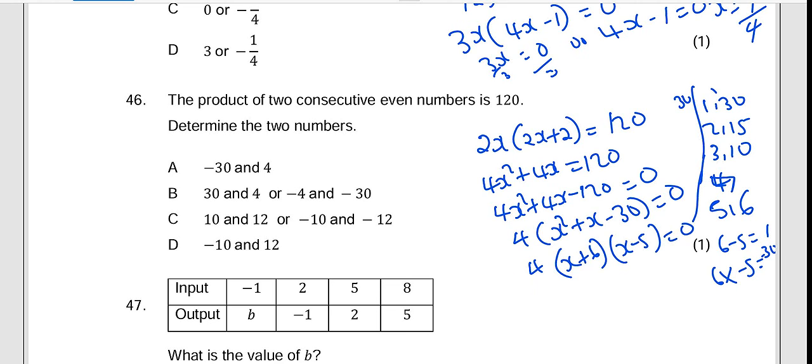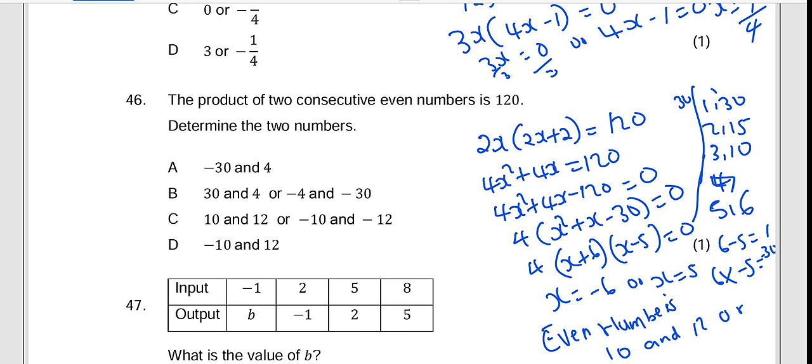Therefore, x is going to give me minus 6, or x is going to give me 5. Then my even numbers are going to be 10 and 12, or minus 10 and minus 12. Then the correct answer is C.